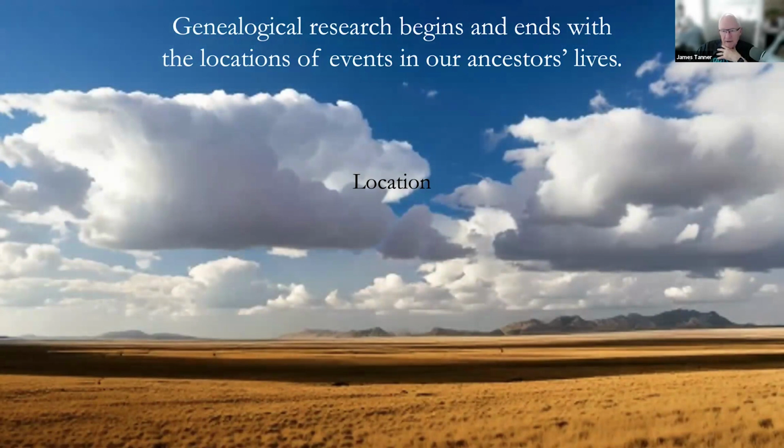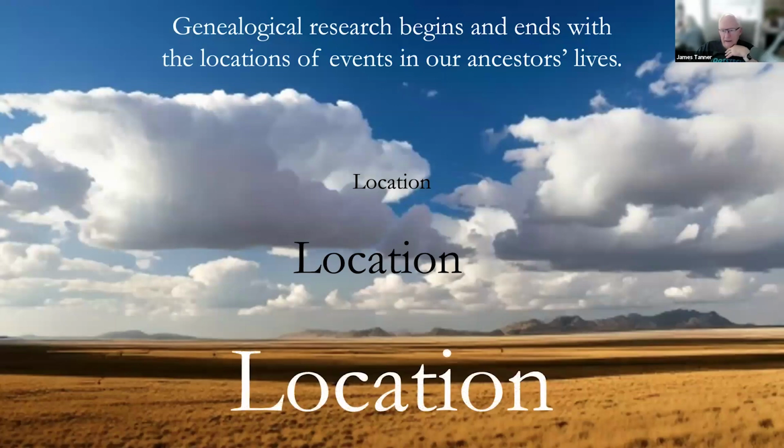Sometimes there's other factors. But when we're searching for records about our ancestors and doing what we would call genealogical research, then it's the location that's important. That means the location of an event in your ancestor's life.